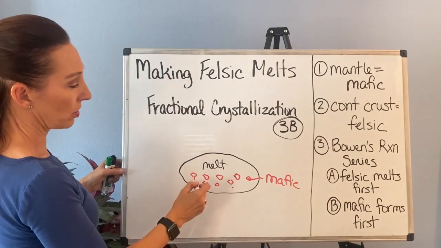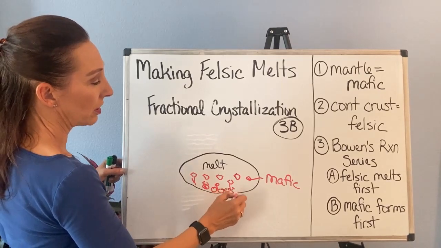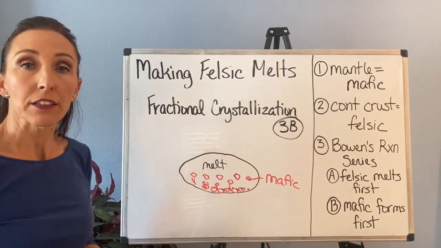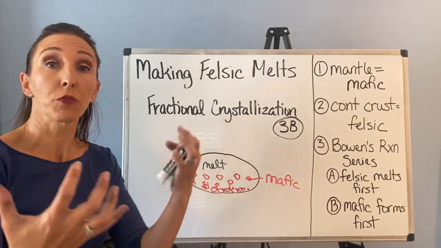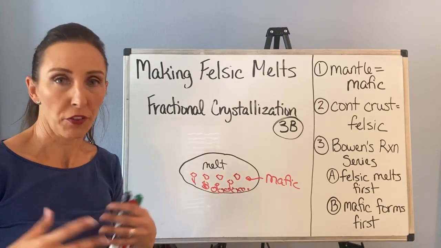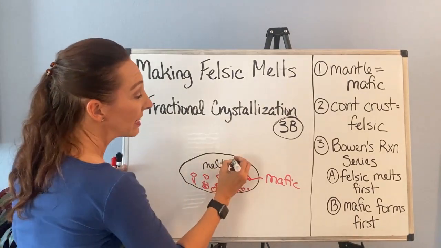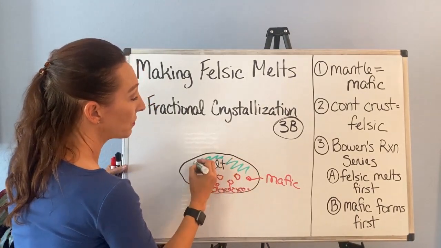Let's picture all of this dropping down, and we've got this collection of mafics at the bottom. What's going to happen is that when you've removed all of those elements that make those mafic materials, so the iron, magnesium, things like that, what you're going to have left is something that is more felsic.